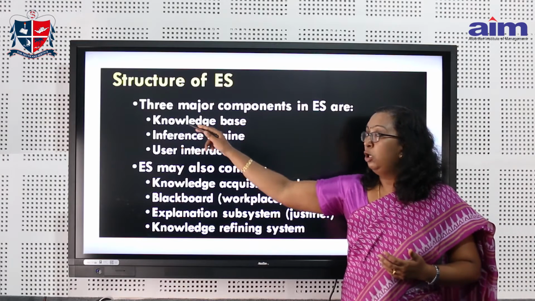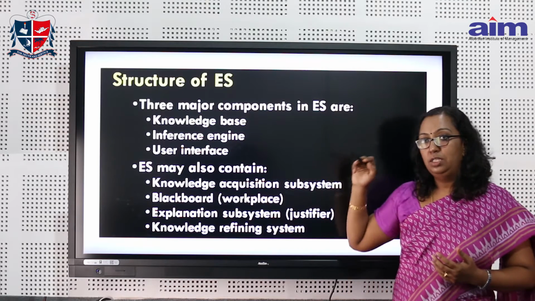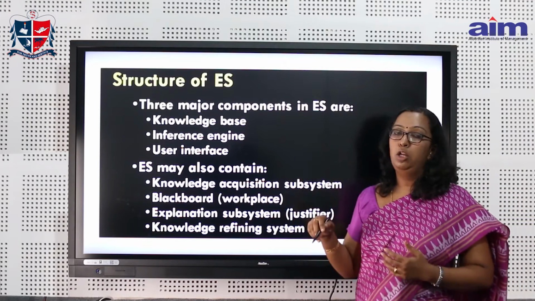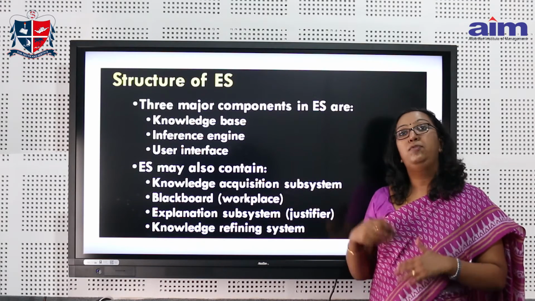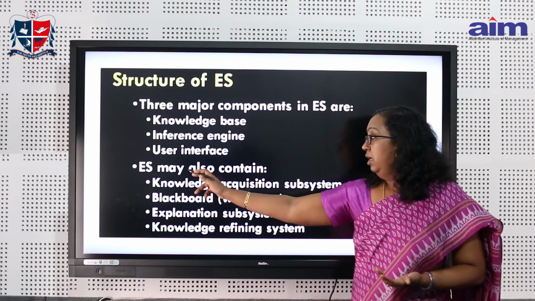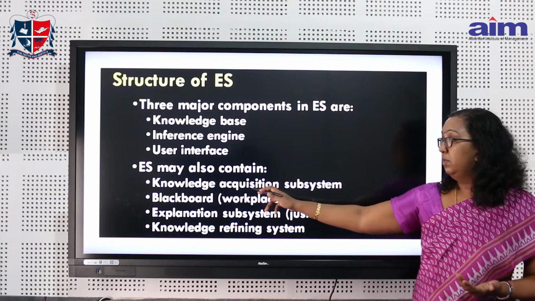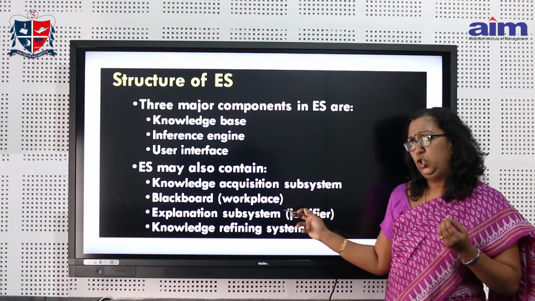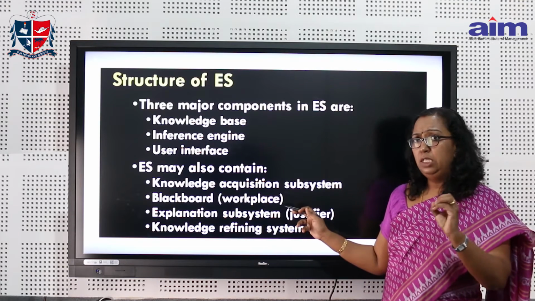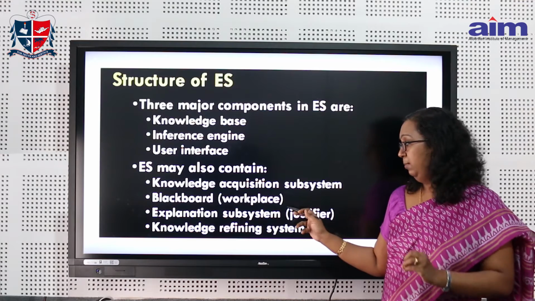This is the knowledge base wherein the knowledge engineer elicits knowledge from the expert and stores it in the knowledge base for future use. And ES may also contain a knowledge acquisition subsystem, a blackboard, which is a short-term memory wherein basic analysis can be done.